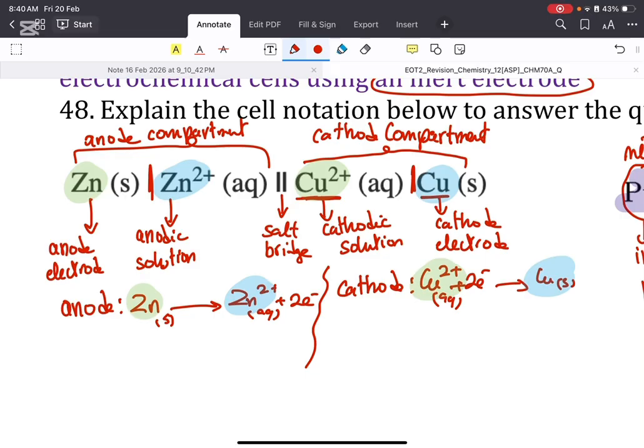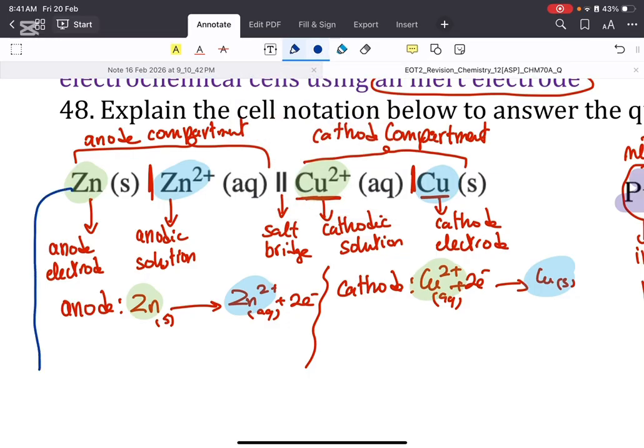Now, also, sometimes they give you a cell notation and they ask you to identify the reactant and product. We already did. Or to identify the oxidizing agent and the reducing agent. So Zn undergoes an oxidation. So this is the reducing agent.